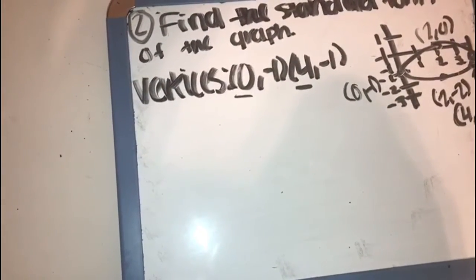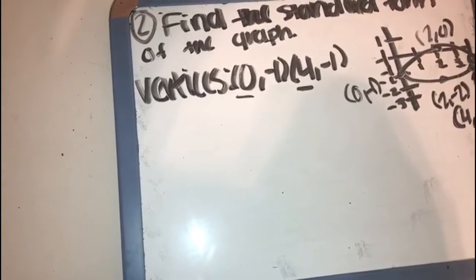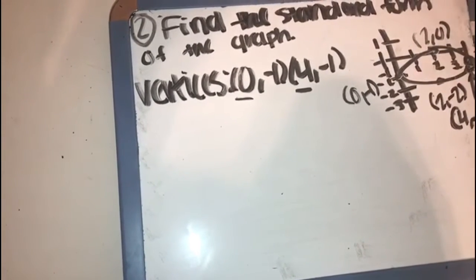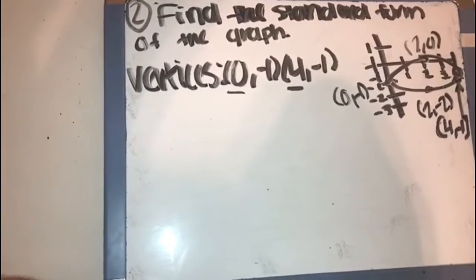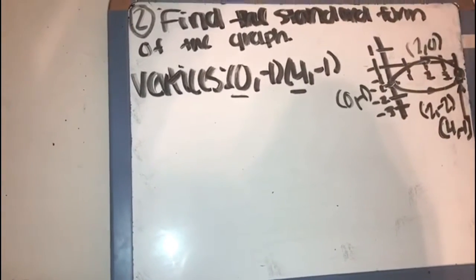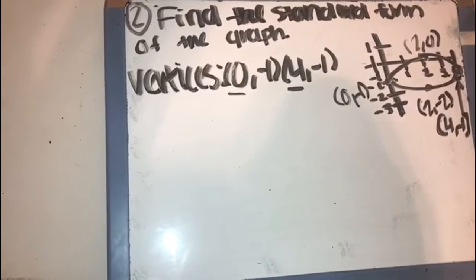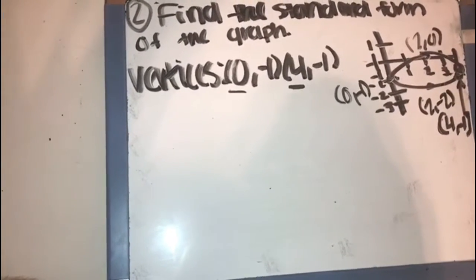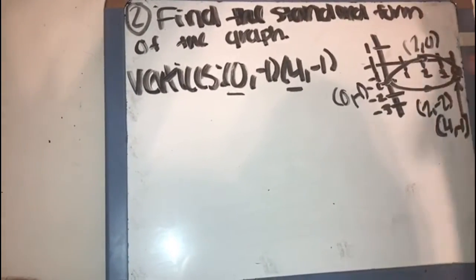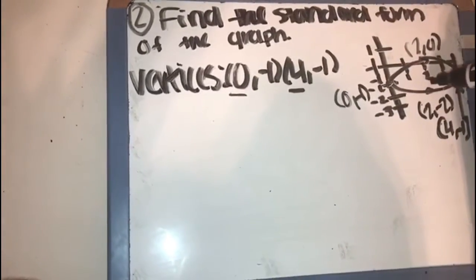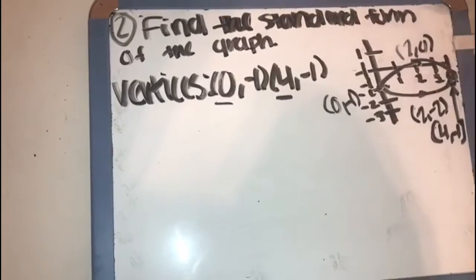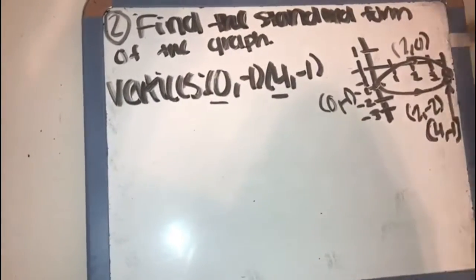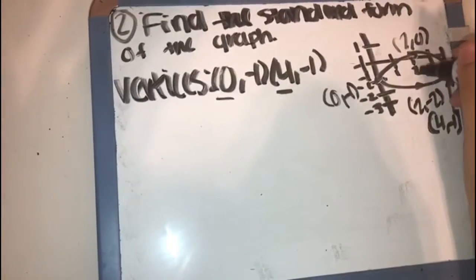Now let's see what we can find from the graph. In this graph, we can find the center point, which is h and k. The center point is always in the middle. It doesn't show on the graph, but the center point is basically the middle of the ellipse, because center is equal to middle. So the center point would be here.